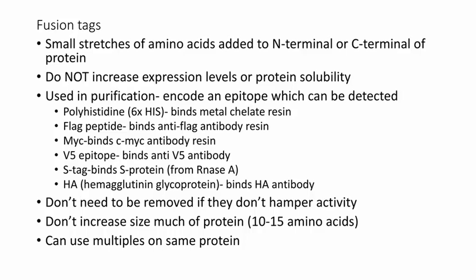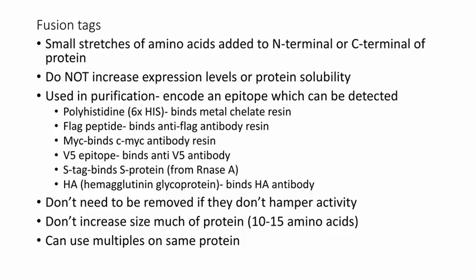Another example is the S tag, which binds the S protein from RNase A. The HA tag, which is a hemagglutinin glycoprotein, binds the HA antibody. So all of these things are just little short stretches of amino acids. They're around 10 to 15 amino acids, and you don't even have to remove them if they're not affecting the activity of your protein.